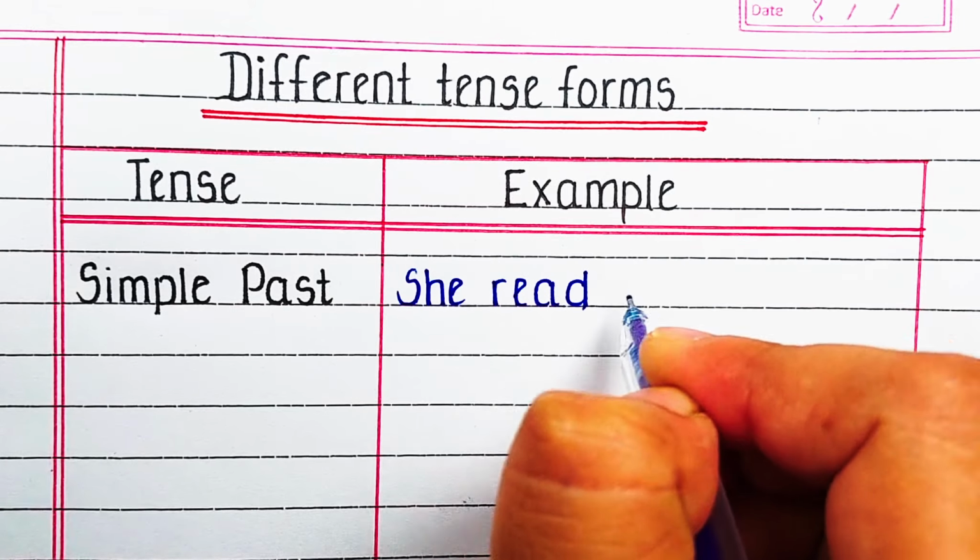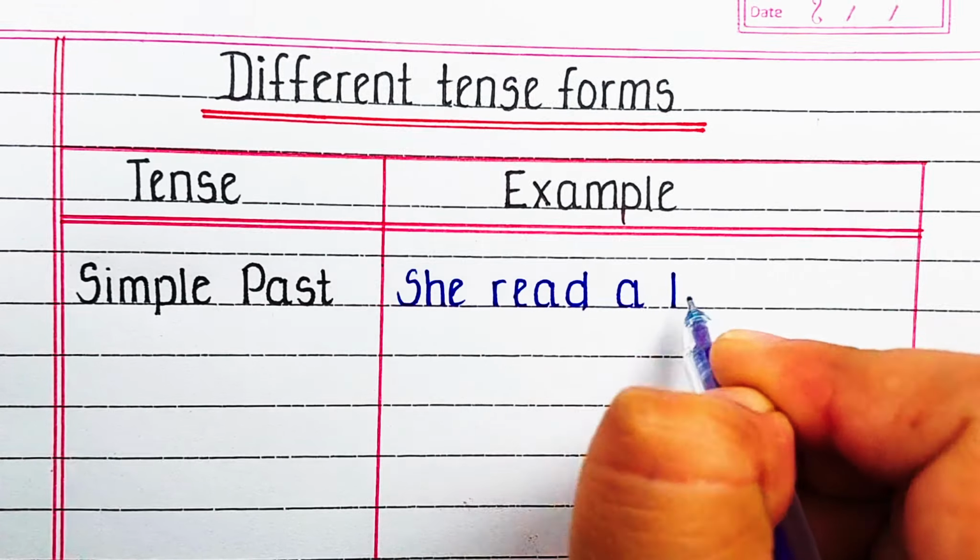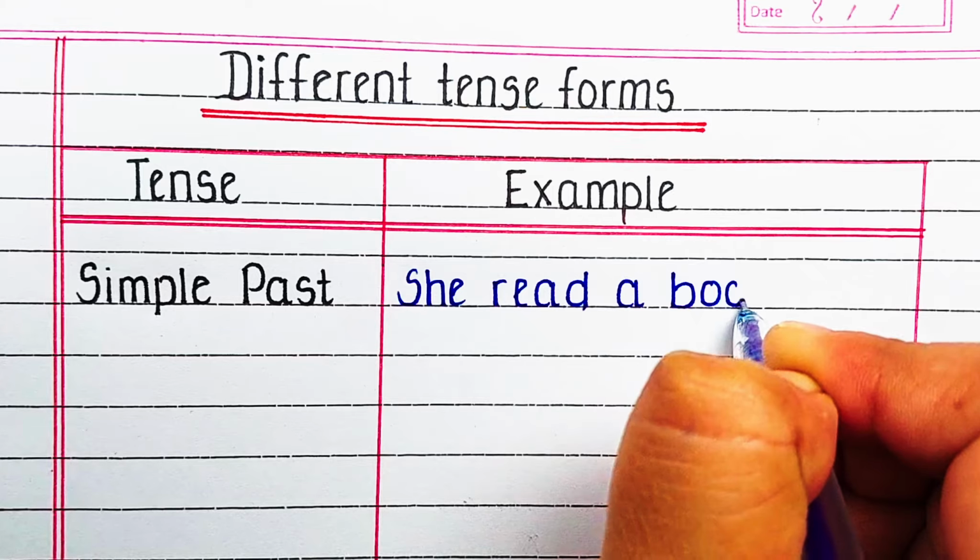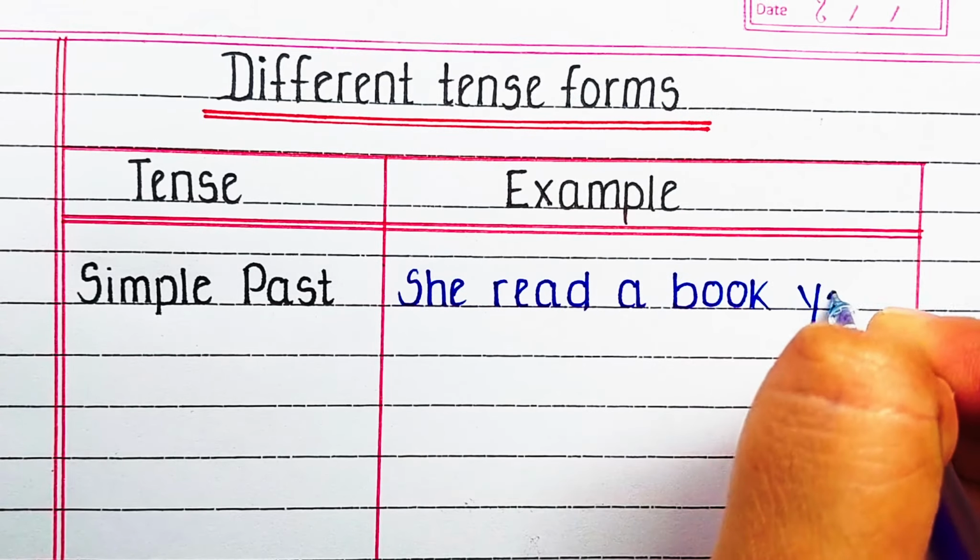Let's start. First form is simple past. In simple past, we will write, she read a book yesterday.